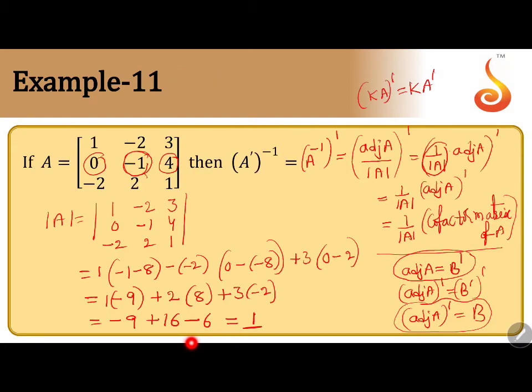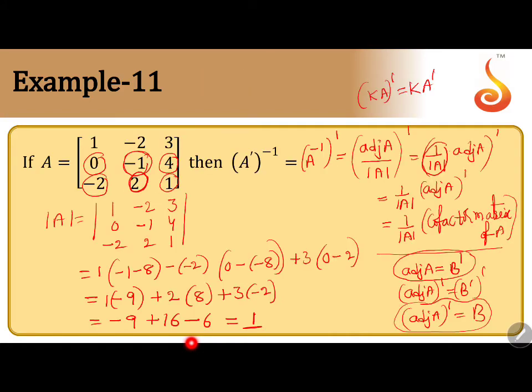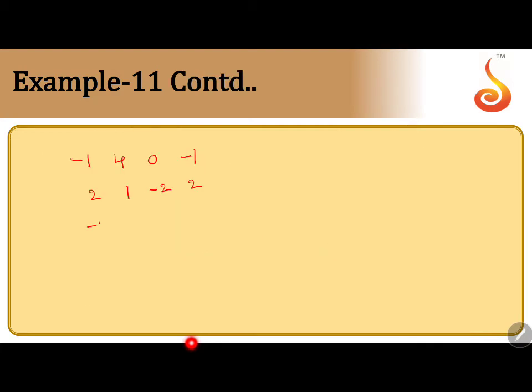Next come down: 2, 1, minus 2, 2. Next go up: minus 2, 3, 1, minus 2. And again repeat the top row: minus 1, 4, 0, minus 1.